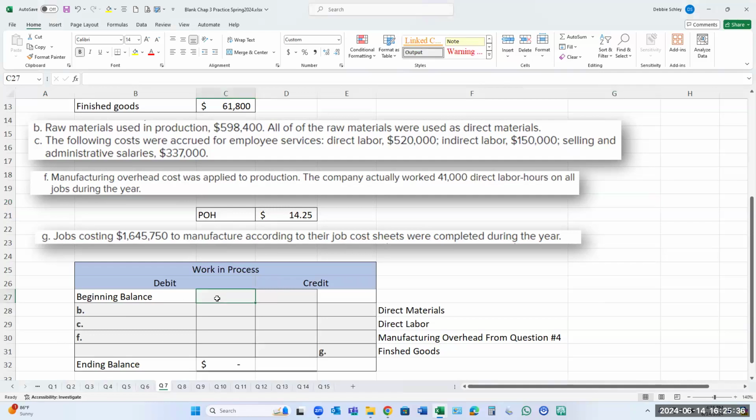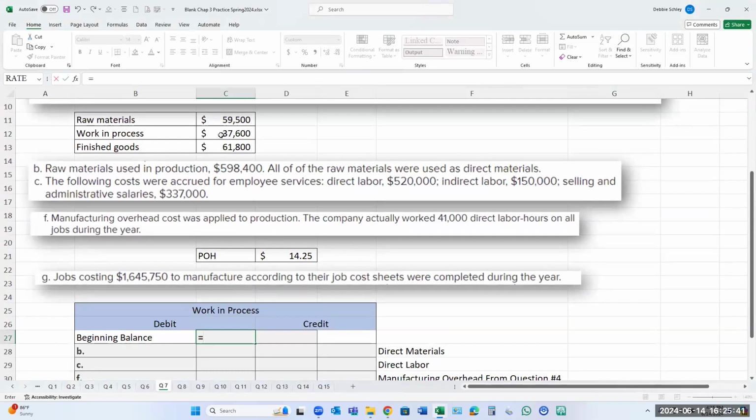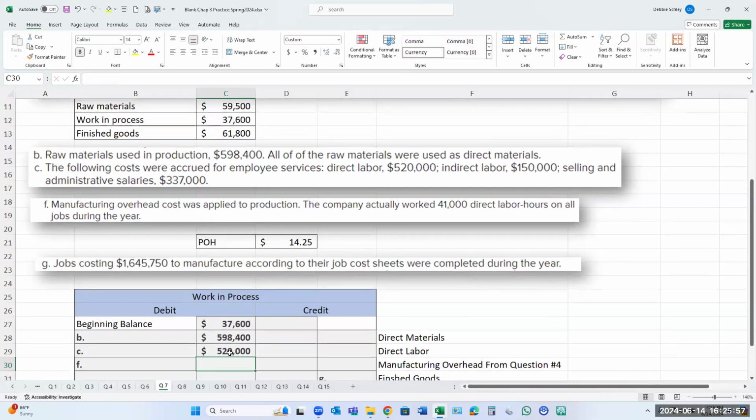So first I need my work in process beginning balance. And then transaction B is where my direct materials are. Transaction C has my direct labor. And then manufacturing overhead was the answer to question 4.